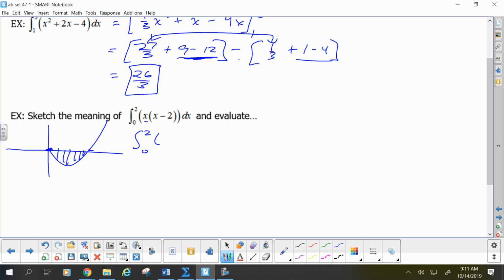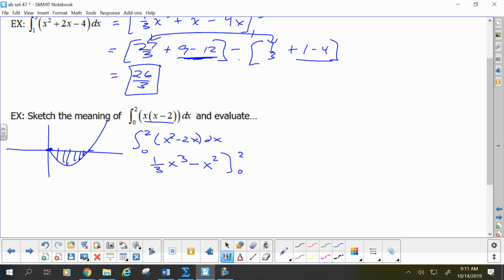In this case, before I integrate, I would probably distribute, then integrate. So what is the antiderivative of x squared, Harrison? 1/3 x cubed. And the antiderivative of 2x, Jake? x squared, from 0 to 2.